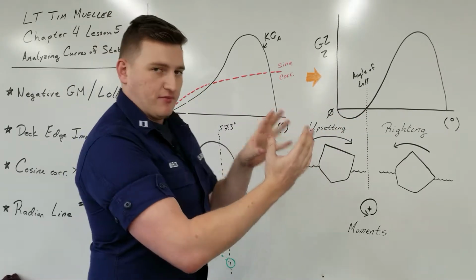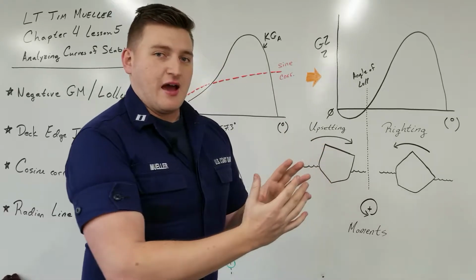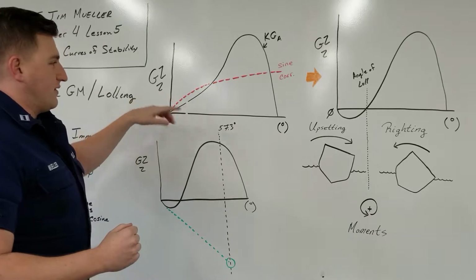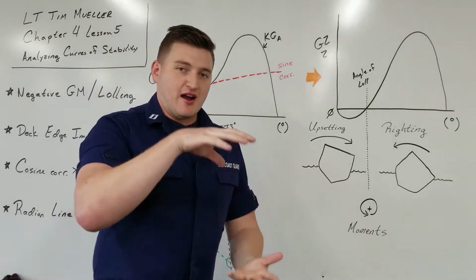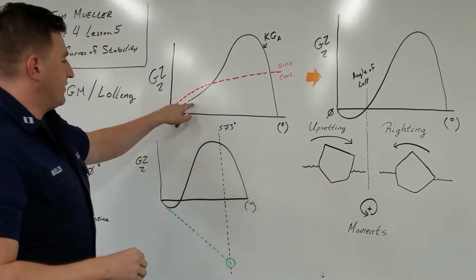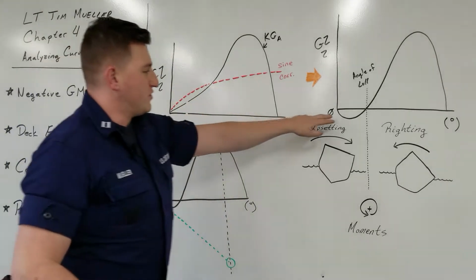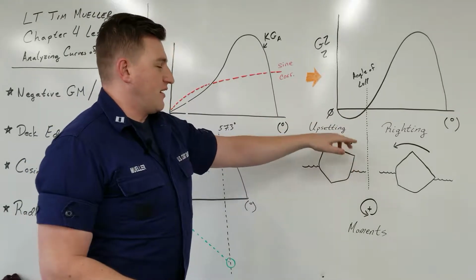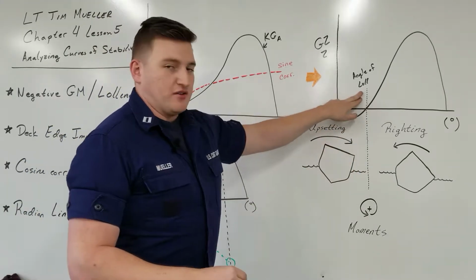So it's just going to look like it's listing. However, because we have a negative GM situation, when we cause a sine correction, or that rise in the center of gravity, that's so great that we actually have negative values for our original righting arms. We have that negative GM, so we're actually lolling.